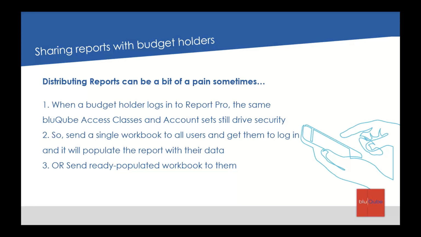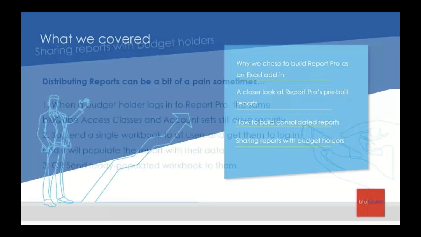There are other routes, as Ken is hinting at. You can go down this road in terms of actually getting people to log in and help themselves, or simply you can cut that data very clearly out of Report Pro and share the cut data already pre-populated. We will be happy to go into more detail in a demonstration if you want to contact us after the webinar. So let's just look at the next slide in terms of what we've covered in summary.